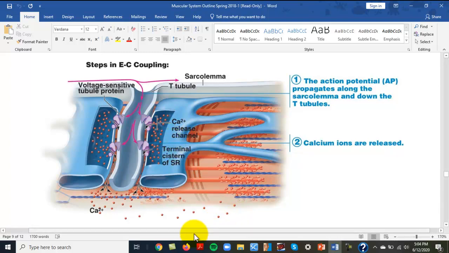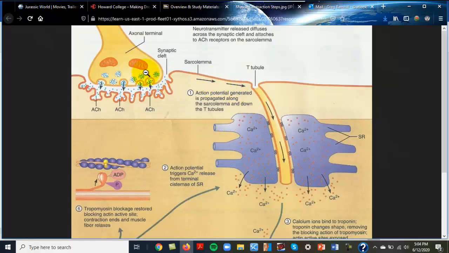So if we go back to our picture, that signal's traveling this way, and it comes down the first transverse or T-tubule, and you can see when it does that, that is the stimulus to release calcium ions, the red dots. See, it's flooding out, and these are called the cisternae of the sarcoplasmic reticulum. I covered that in the last video.